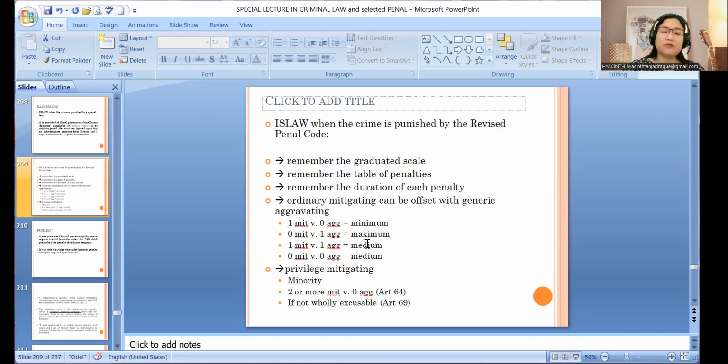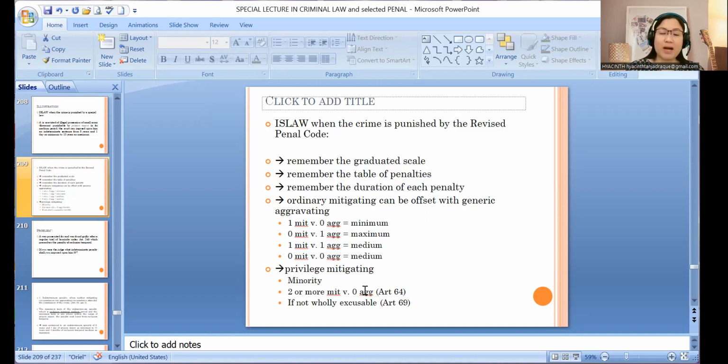Now, what about if there is a privileged mitigating? And what are the privileged mitigating? You have there minority, as well as Article 64, which provides that if there are 2 or more mitigating and no aggravating attending the commission of the crime, that is considered to be privileged mitigating.